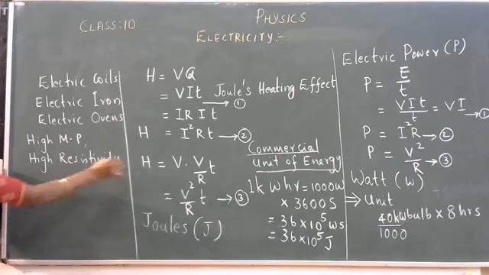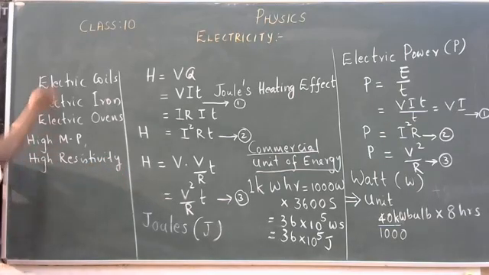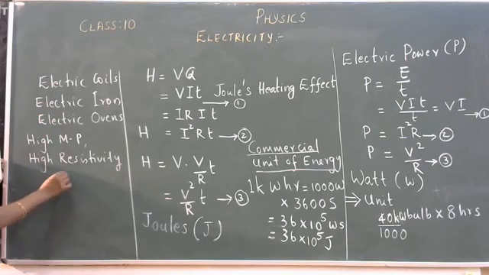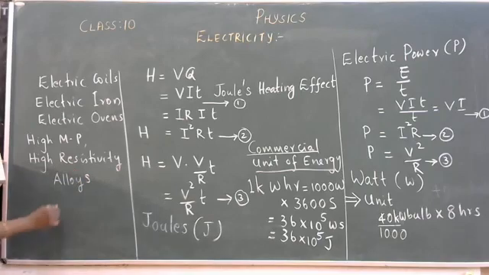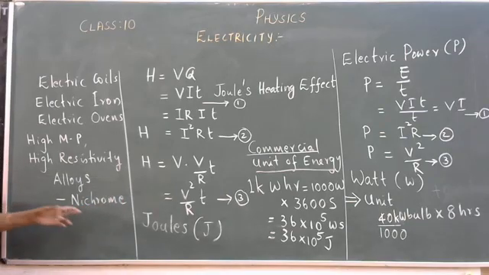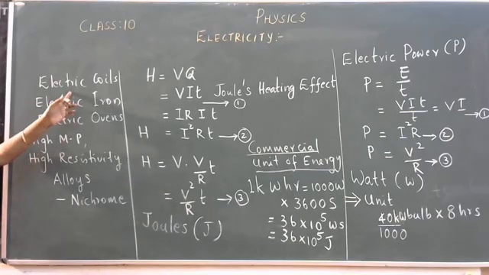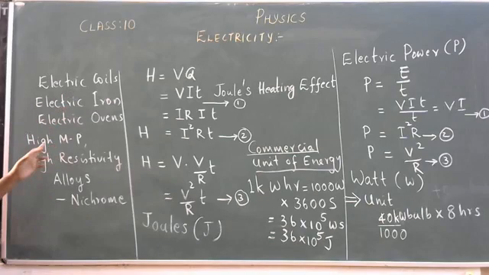So high melting point and high resistivity materials we can use for making heating coils. Usually pure metals cannot be used, alloys will be used, and the usual material used for making heating coils is nichrome. It is an alloy of nickel and chromium.